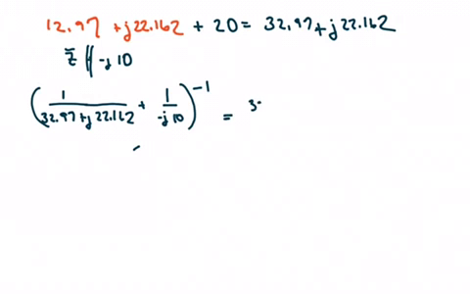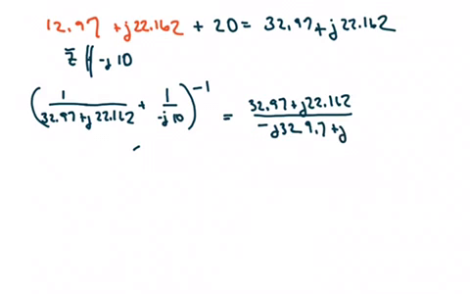Okay, 32.97 plus J22.162 times negative J10 over 329.7 plus 221.62.